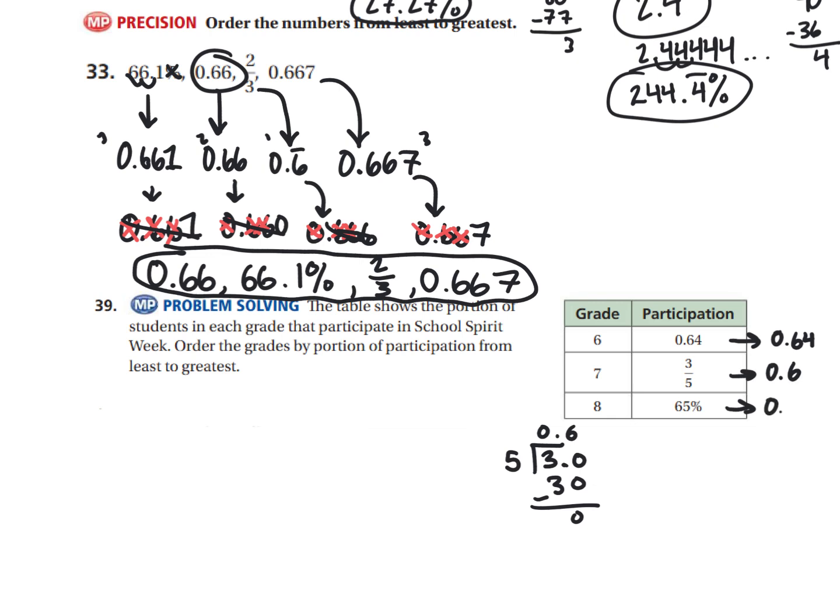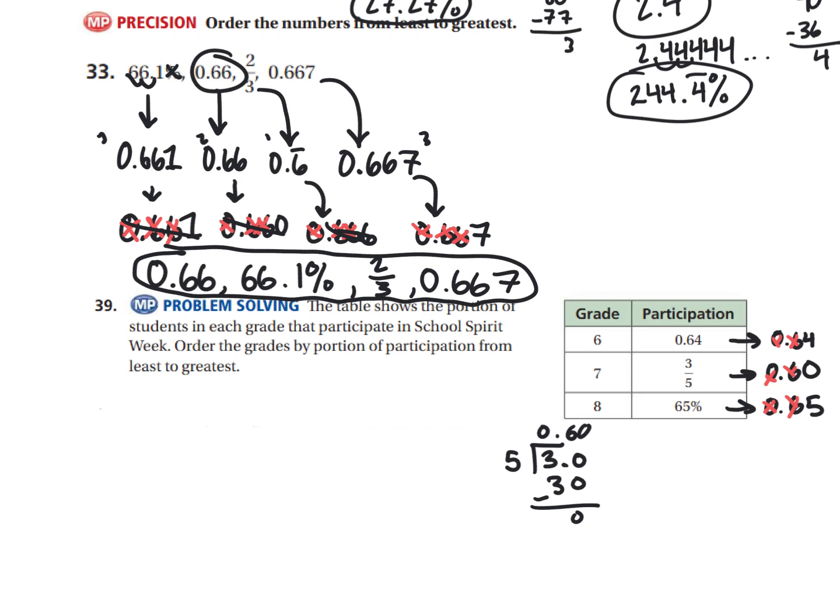65% converted to a decimal is 0.65. Both the top and bottom have 2 decimal places afterwards. The middle only has 1. However, we know, right, the next number would have been a 0, so we can just fill that in. Now we just have to look at these decimals and say, hey, which one is the biggest, which one's the smallest, which one's the middle, and then we can order them least to greatest. They all have zeros in the ones column, all have 6s in the tenths place.